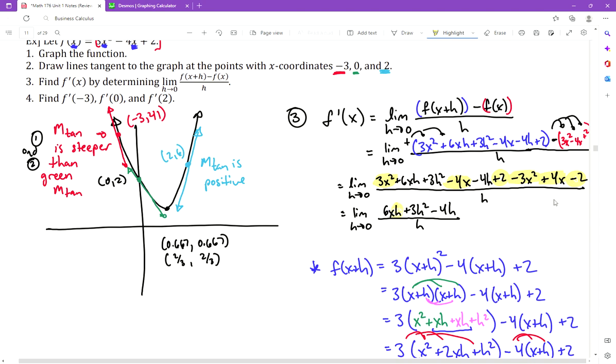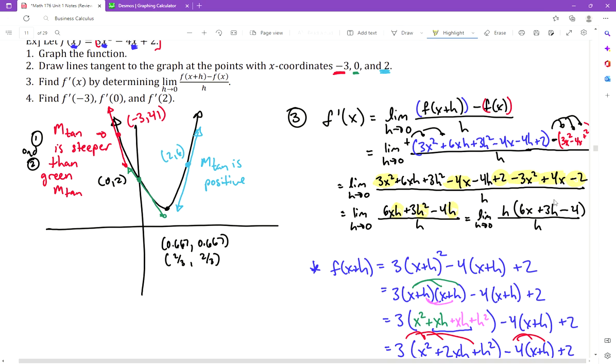Notice there's an h in common in all of the numerator's terms, so we're going to factor that out. Still the limit as h goes to 0. Taking that h out, we would have h times 6x plus 3h minus 4, and then still an h in the denominator.